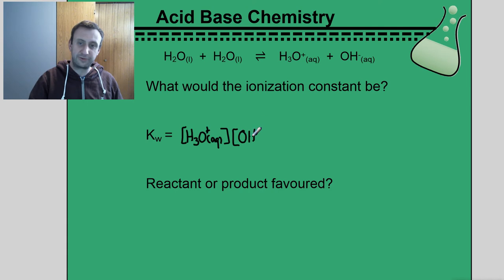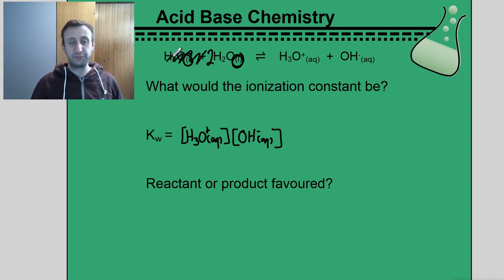Then I have hydroxide, OH minus aqueous. And these waters are liquids. You might think, well, I have more than one liquid, but it's the same thing. Really, this should just be written as 2 H2O liquids. So I don't have anything at all in the denominator.